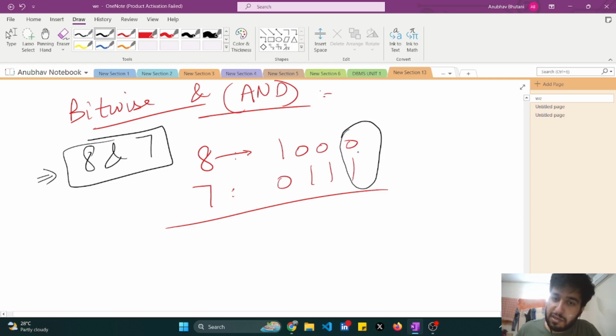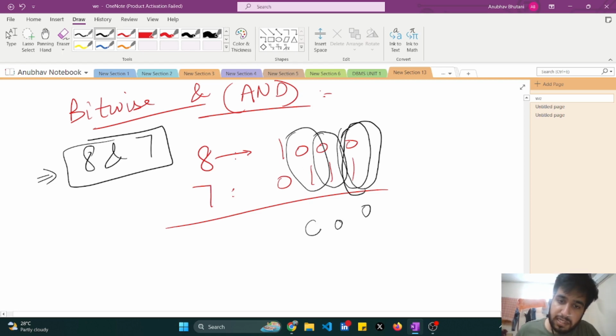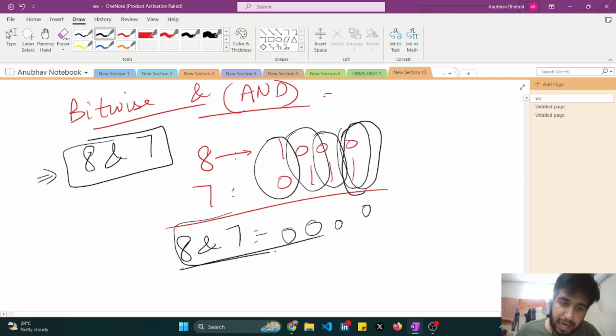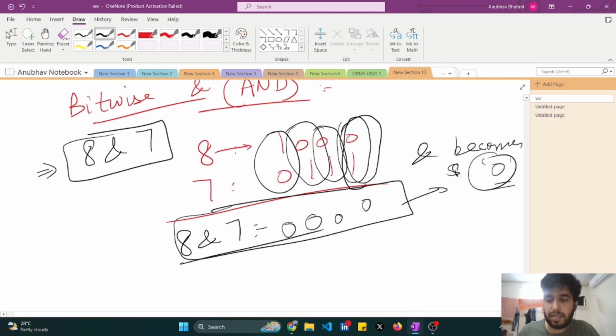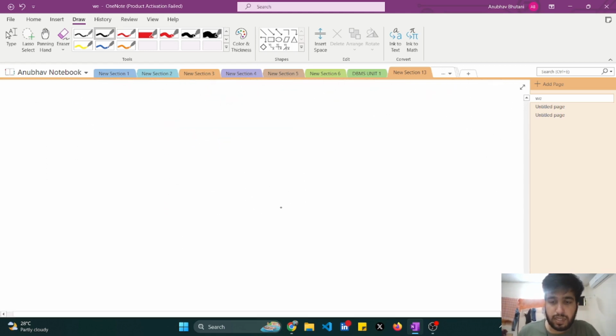Like the 0th bit of each is taken: 0 and 1 becomes 0, 0 and 1 becomes 0, 0 and 1 becomes 0, 1 and 0 becomes 0. So the AND of 8 and 7 becomes 0.